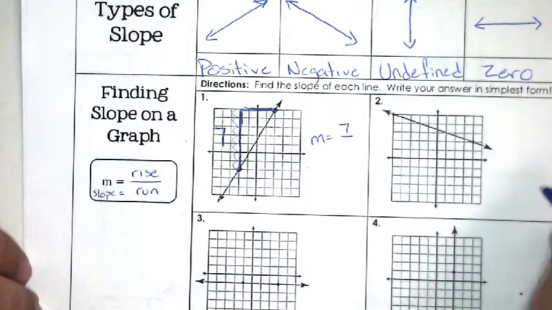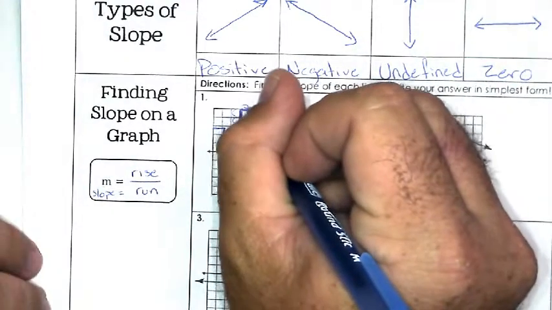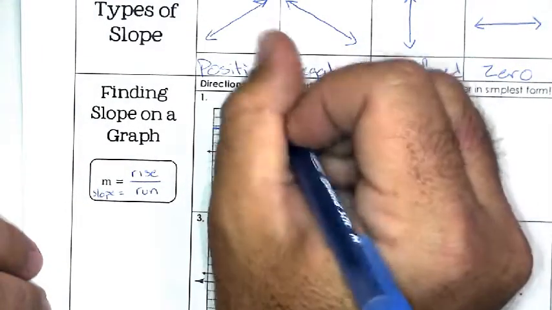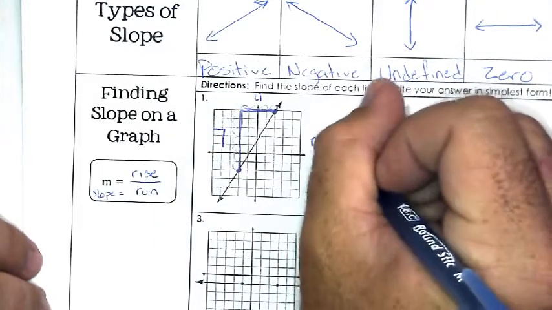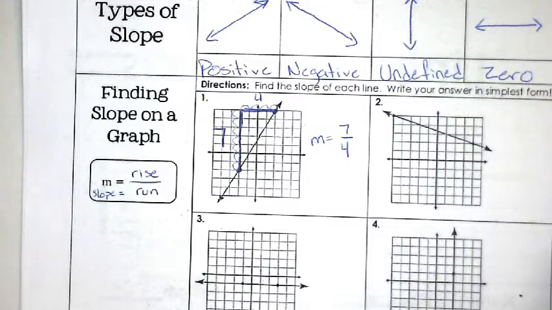The denominator, my run, means I'm going horizontal, was 1, 2, 3, 4. So step 1, identify 2 perfect points. Step 2, create your right triangle. Step 3 is simplify your fraction if possible.